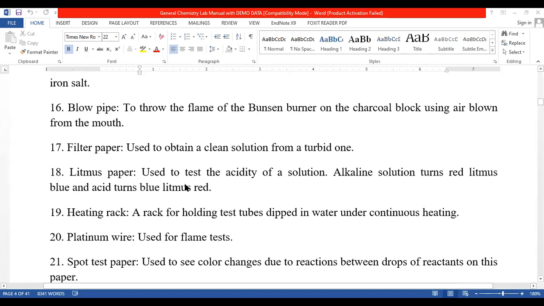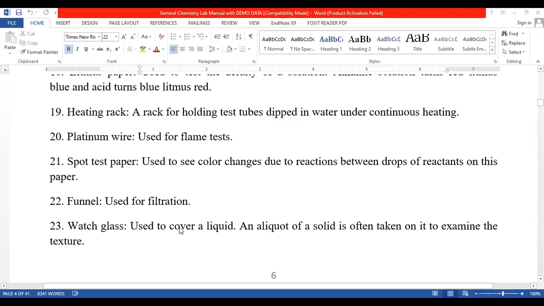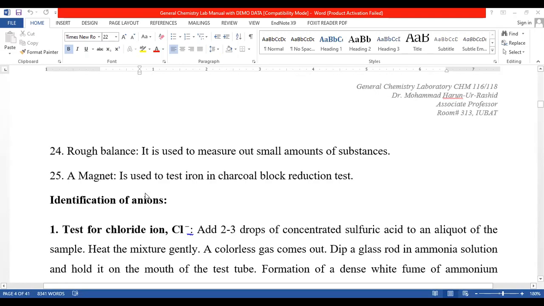Litmus paper for identifying acidity or basicity. Heating rack, platinum ware, which we used in the flame test. And a balance is sometimes required for making the solution, but in this case it is not very important.